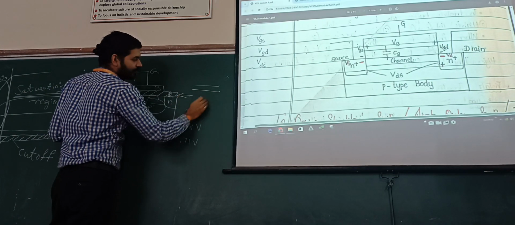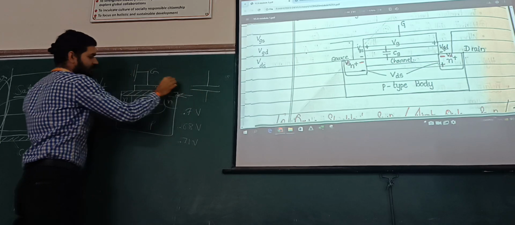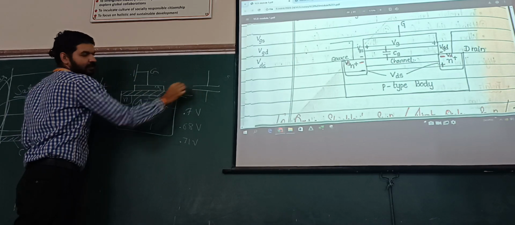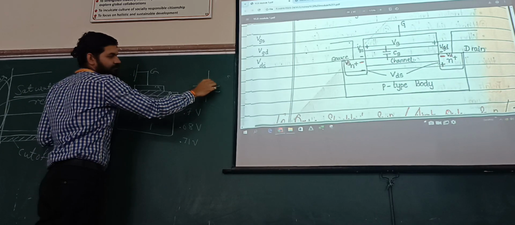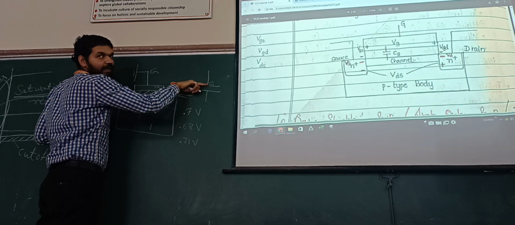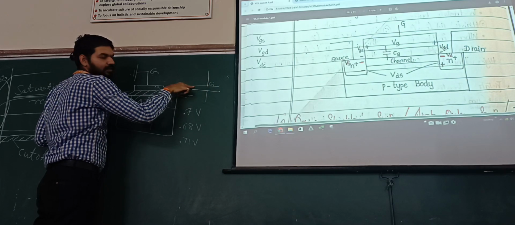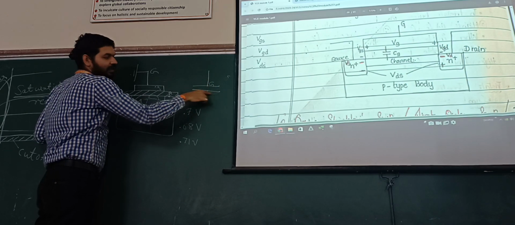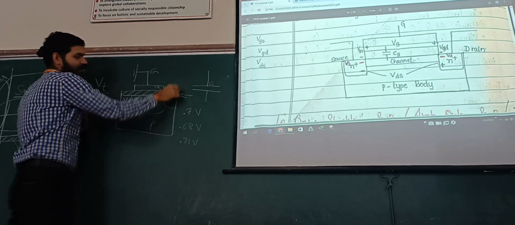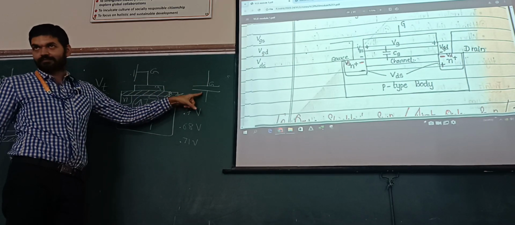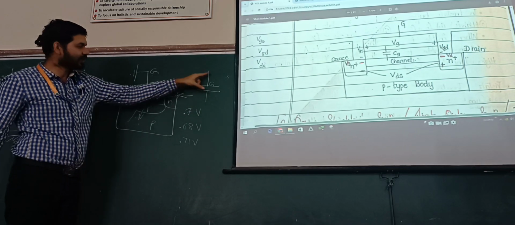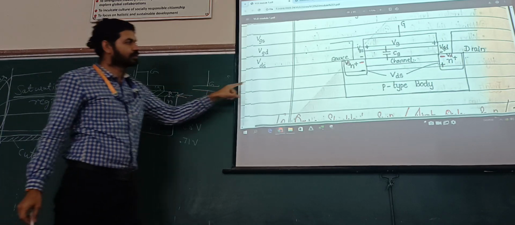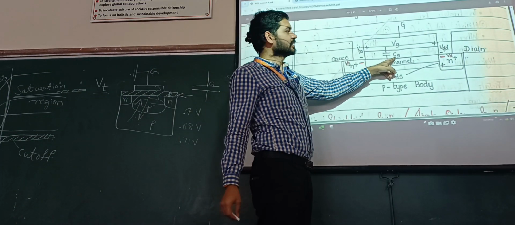So this part is acting like capacitor. This is gate. Above is gate, that is oxide, which is insulator. Below is semiconductor. So this structure is acting like capacitor. Therefore, I am calling it as gate capacitance.